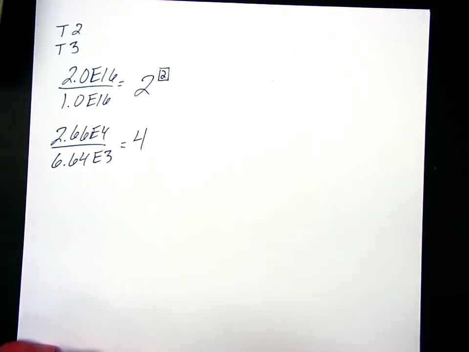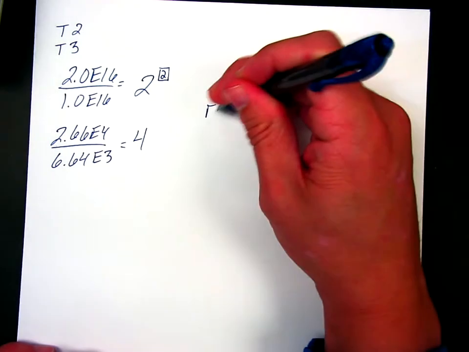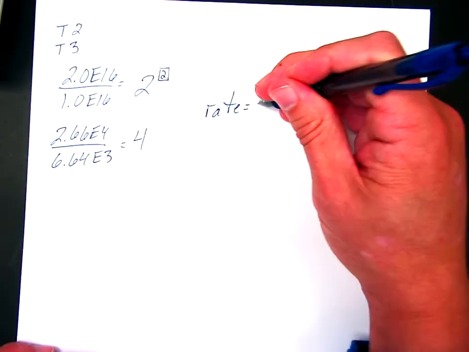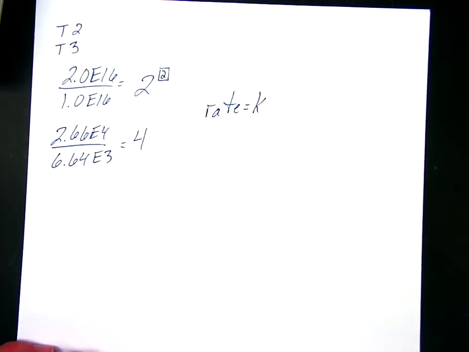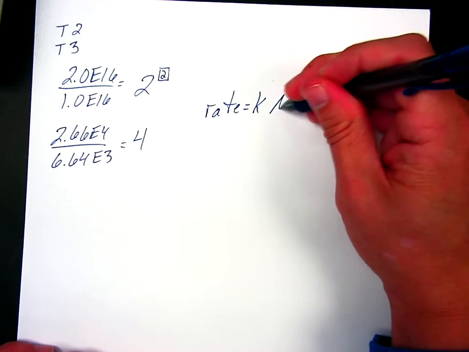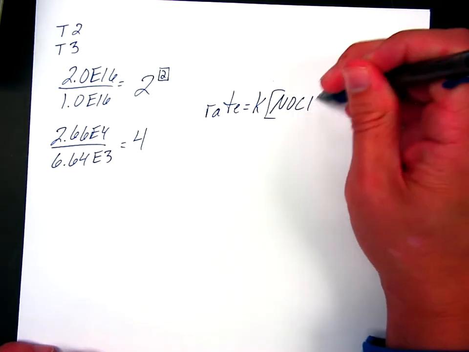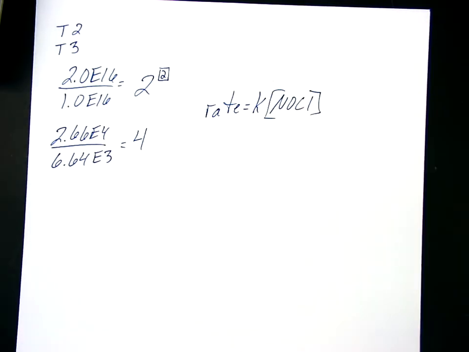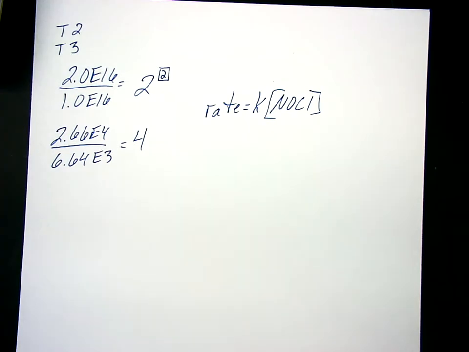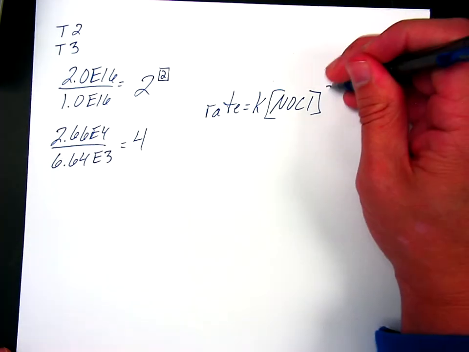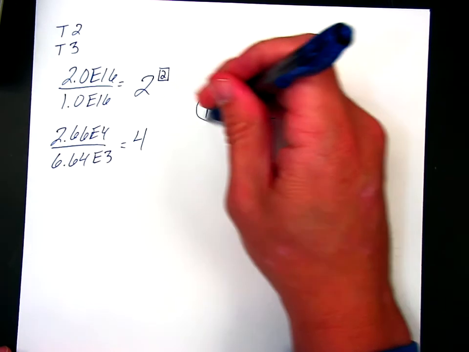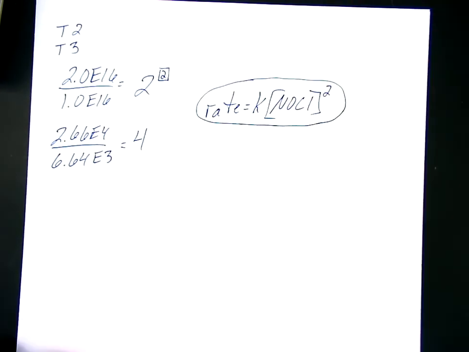So now I can easily write the rate law. All right? I'll go rate equals K, and that'll be of the NOCl, all right? Not only is that the reactant that we are looking at, it's the only reactant, and it has an order of 2. So that's one of the questions.